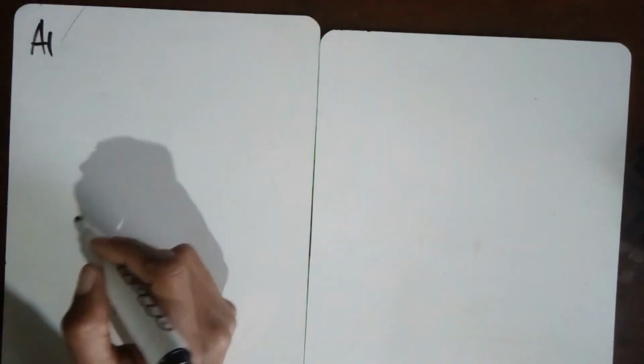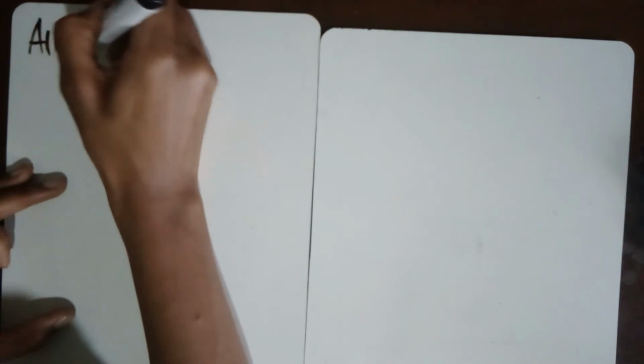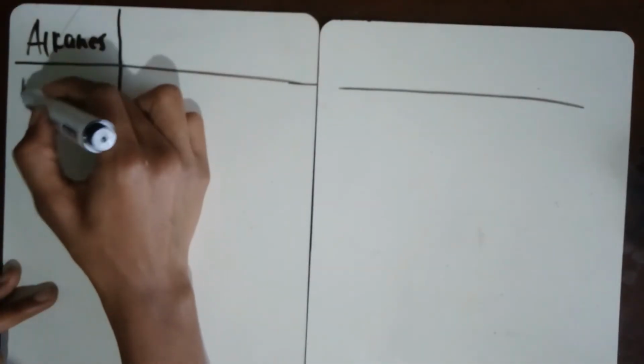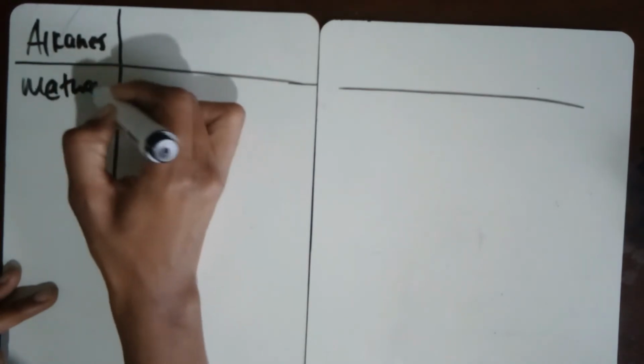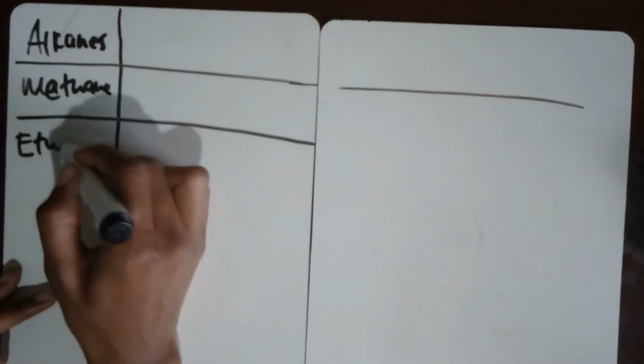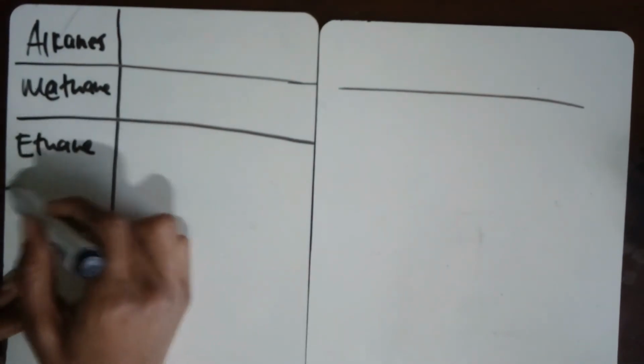So now let us continue our discussion and just take, for example, alkanes. For those alkanes, we're just going to take maybe 4 examples. So we can have methane, and then ethane, and then propane, and then butane.